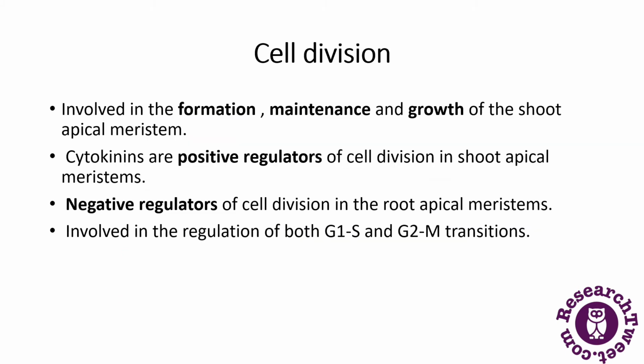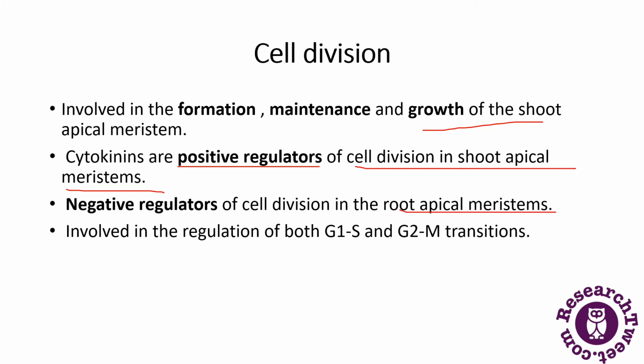Cell division is involved in the formation, maintenance and growth of the shoot apical meristems. Cytokinins act as a positive regulator of cell division in the shoot apical meristems, and as a negative regulator of cell division in the root apical meristems.